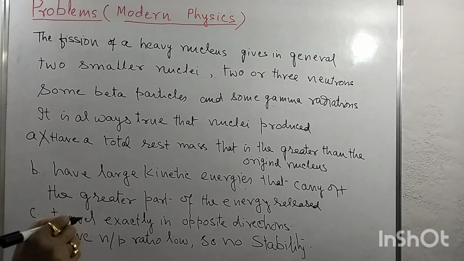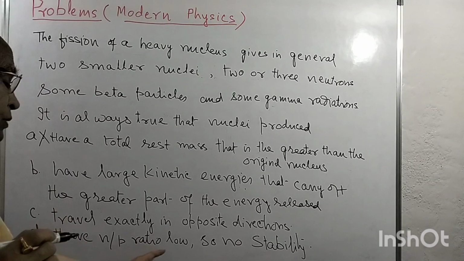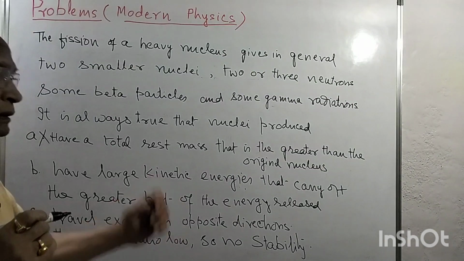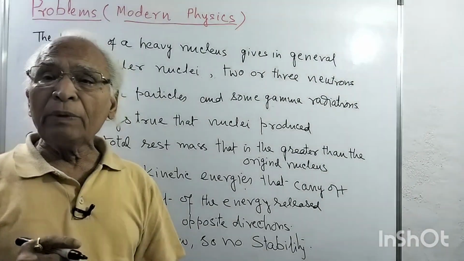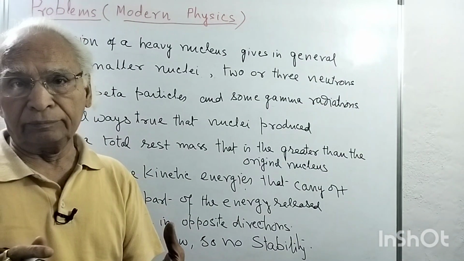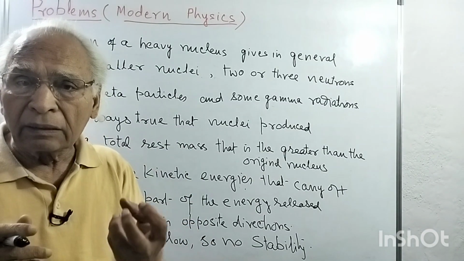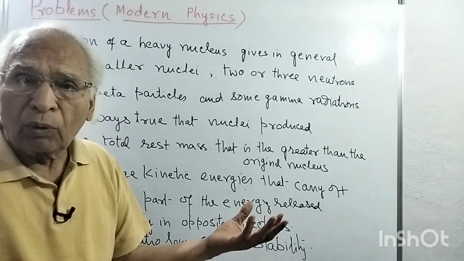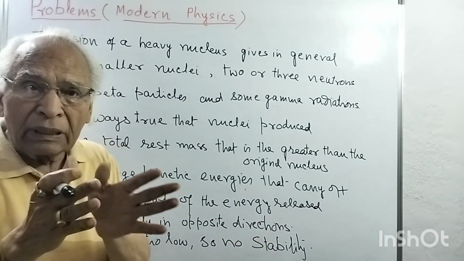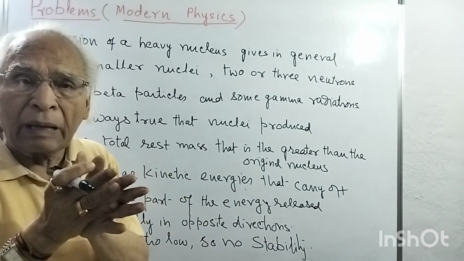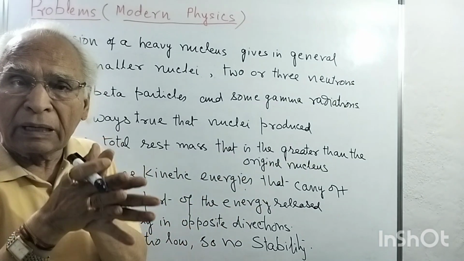Now I come to have NP ratio low, so no stability. NP ratio means neutron to proton. If neutron is less, proton is large, Coulomb repulsion will be more. So the nucleus will break, going far apart, because protons are repelling.